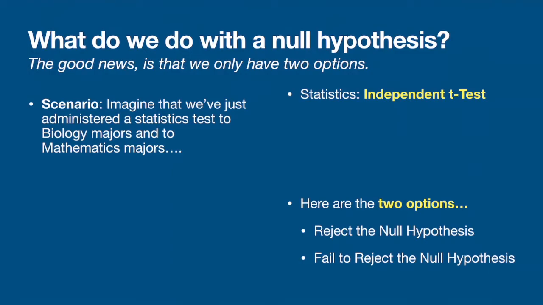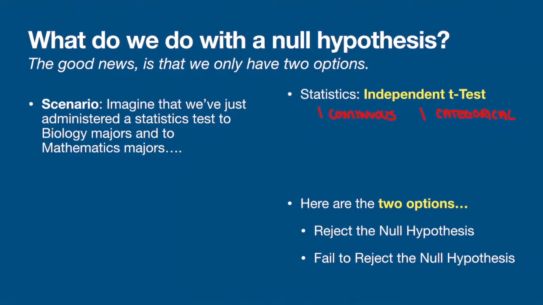Now, I'm going to spoil it just a little bit here for you. The independent t-test is a test that we utilize when we have one continuous and one categorical variable.